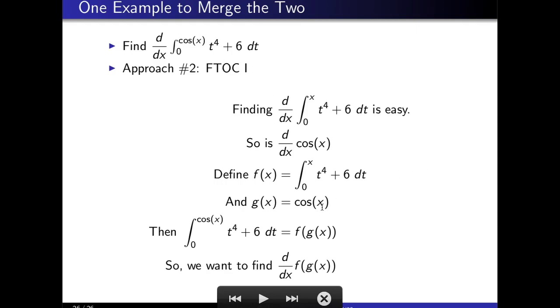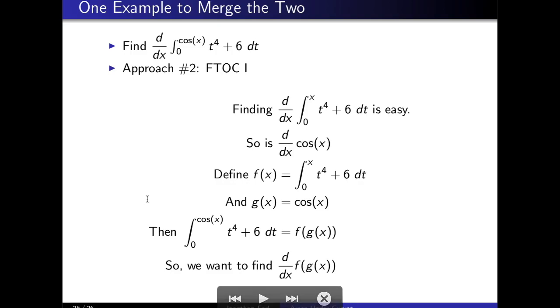The other way to make sure that we've got everything right for f of g of x is that function composition just means that everywhere there's an x here, you're going to put in g of x. Well, the only x that shows up here is the upper limit of the definite integral. So that's the place where we're going to want to put g of x. So we're going to put cosine of x right here.